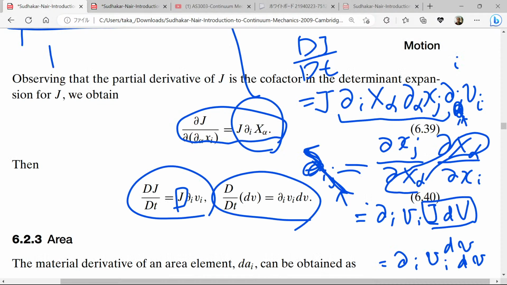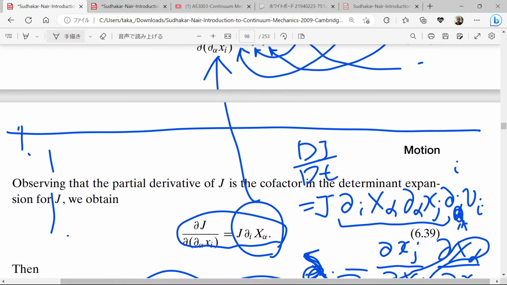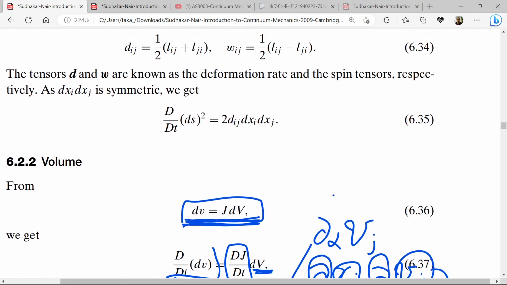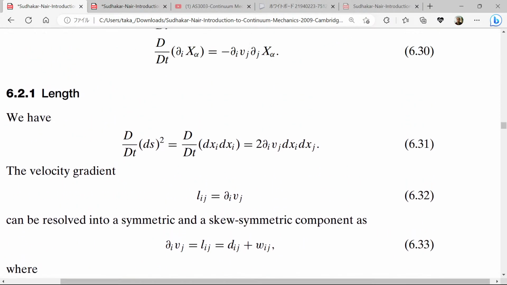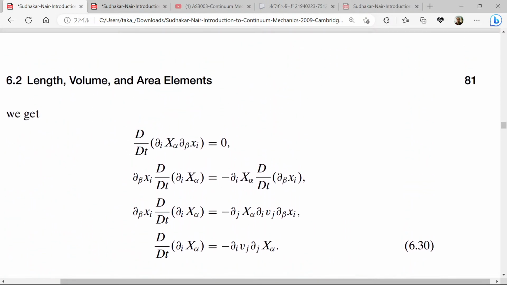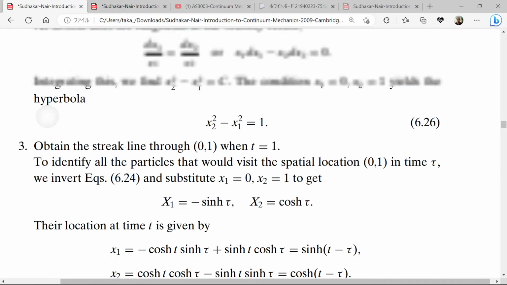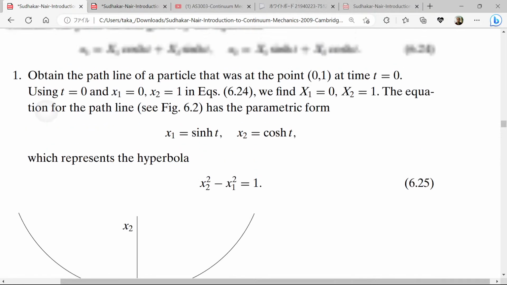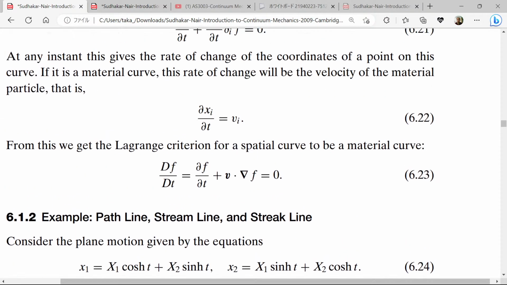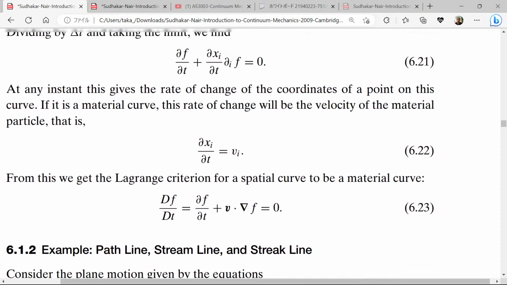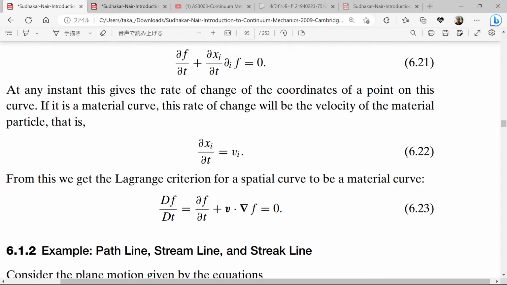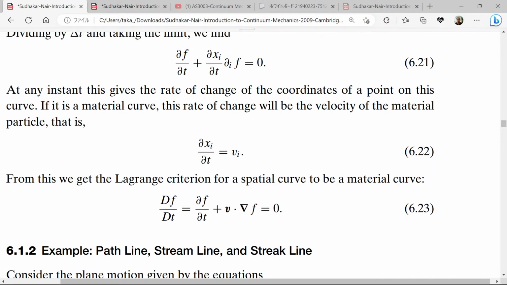I think we did the total derivative somewhere, right? Yeah, I think this is the thing.